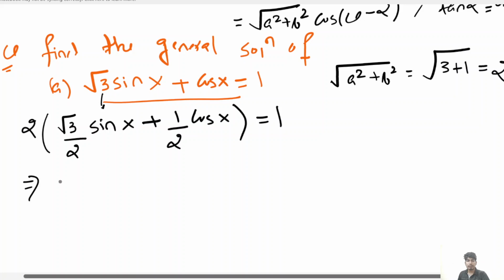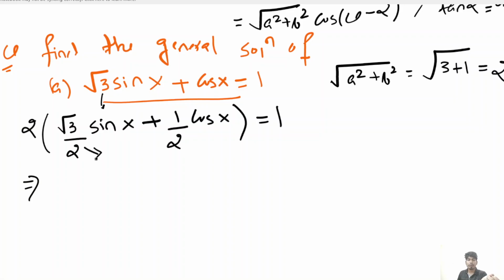Root 3 upon 2 is sine of pi upon 3, and 1 upon 2 is cos pi upon 3. Then this becomes sine pi upon 3 sin x plus cos pi upon 3 cos x.